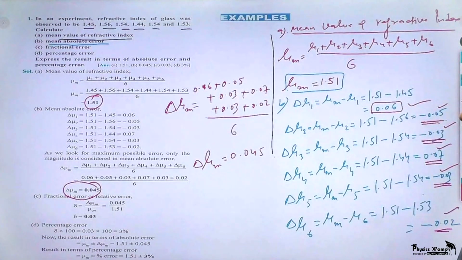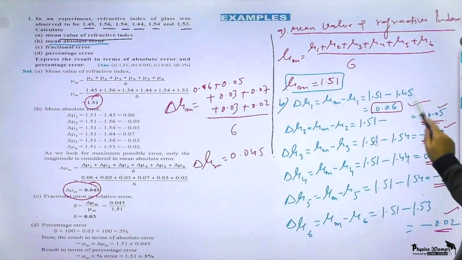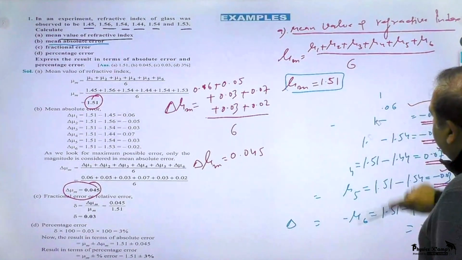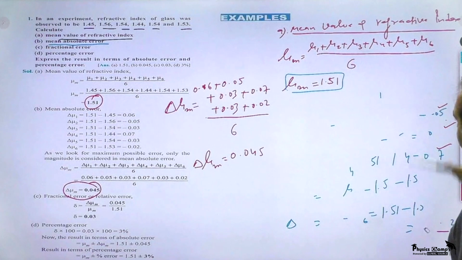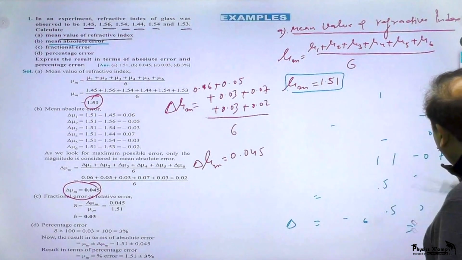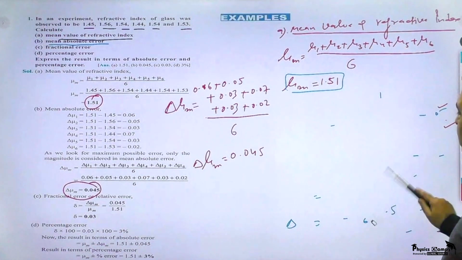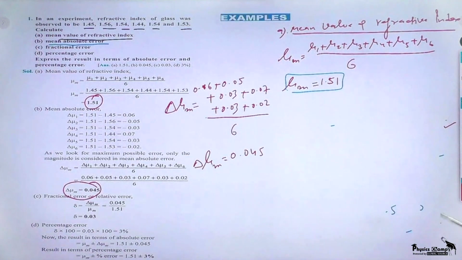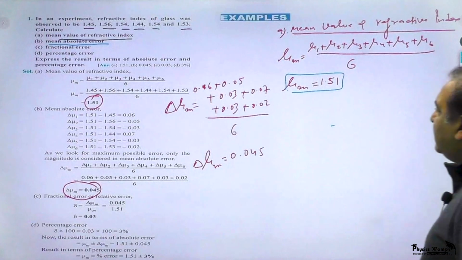So the two readings, on one side the mean value, that is 1.51, and on the other side the mean absolute error, which is 0.045. Remember, for mean absolute error, the errors are just added.